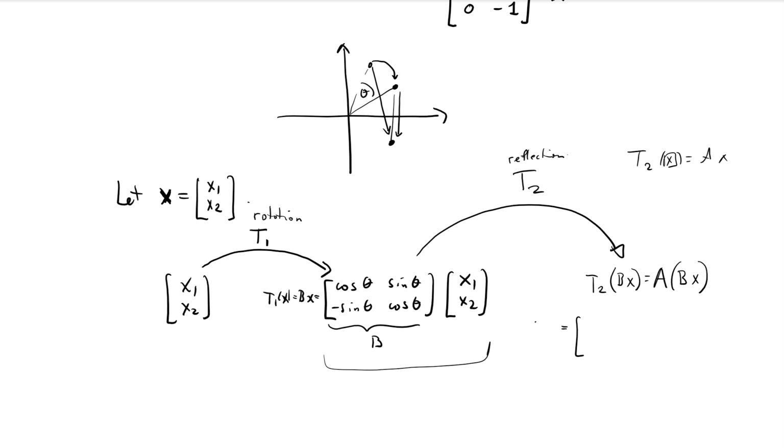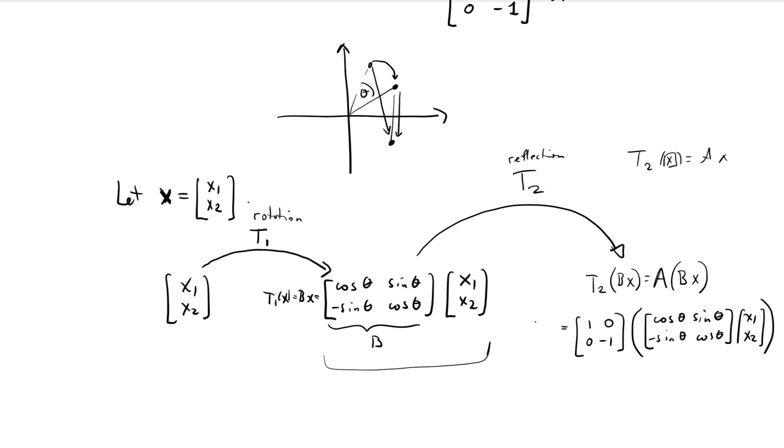So A is 1, 0, 0, minus 1. That I'm going to multiply by Bx. Let me rewrite it here: cos, x2.